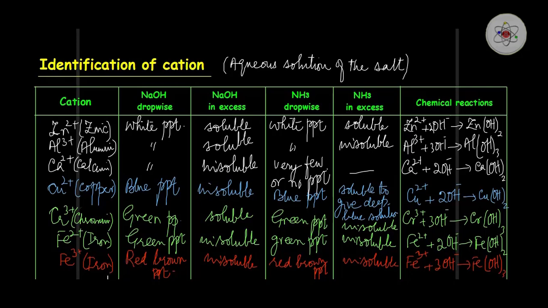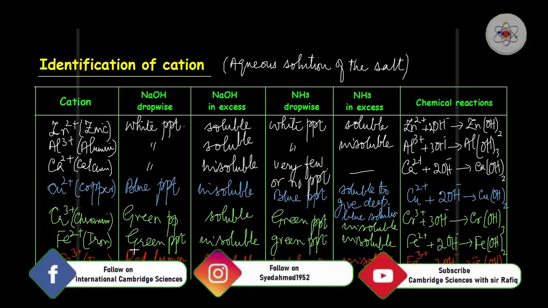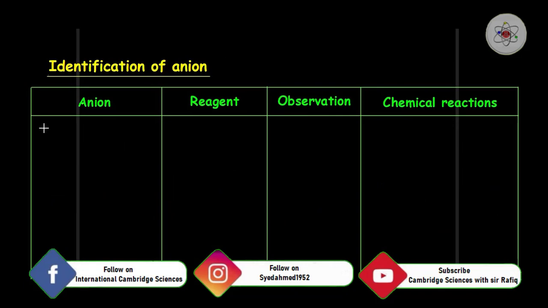Okay, so now moving on to the anions. Coming to the identification of anions, first of all, carbonate, and we have to choose a suitable reagent.